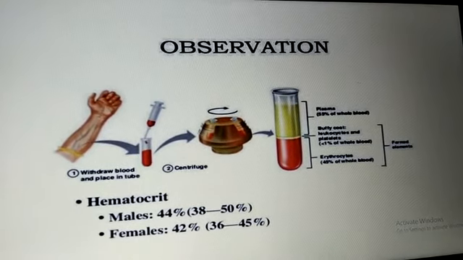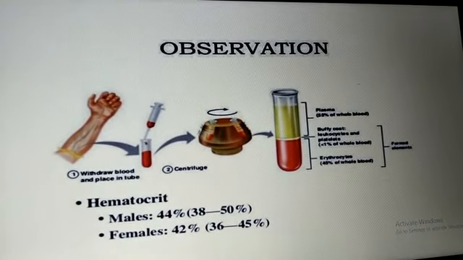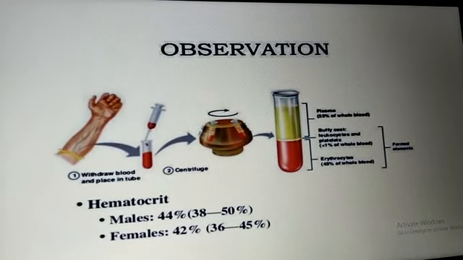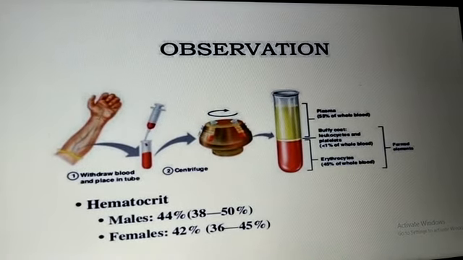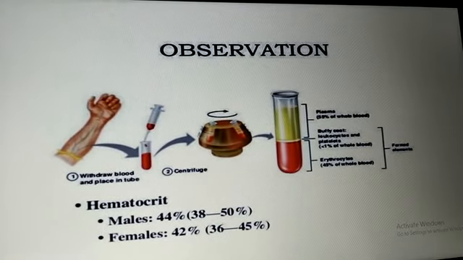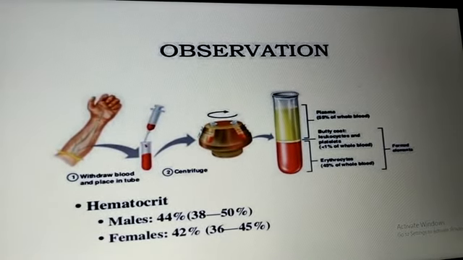First of all, we have to take the venous blood and mix it with EDTA. After centrifugation we get three layers in the Winthrop tube. The upper layer is plasma, the middle one is the buffy coat, and the bottom is the packed cells of our RBC.